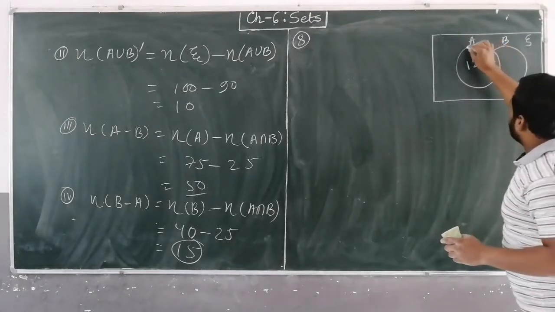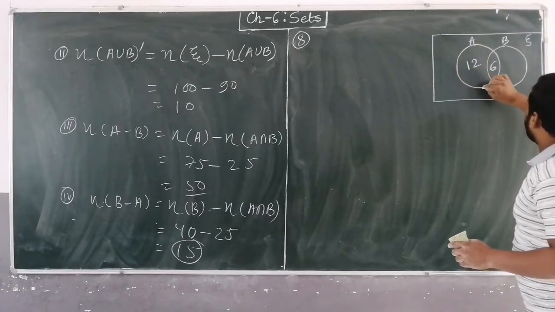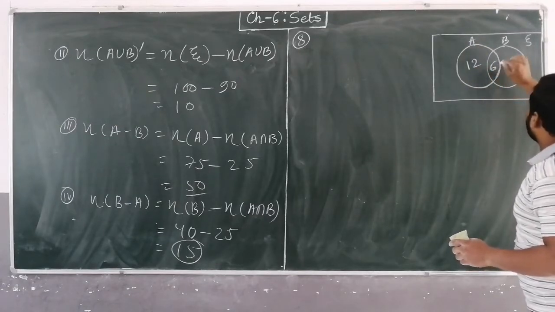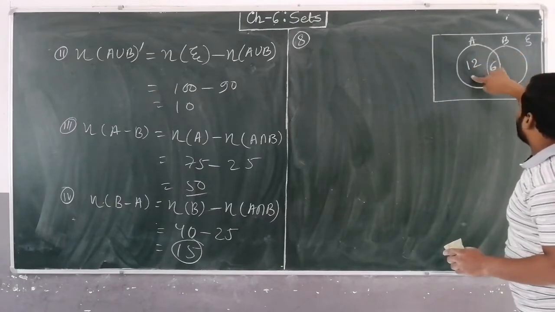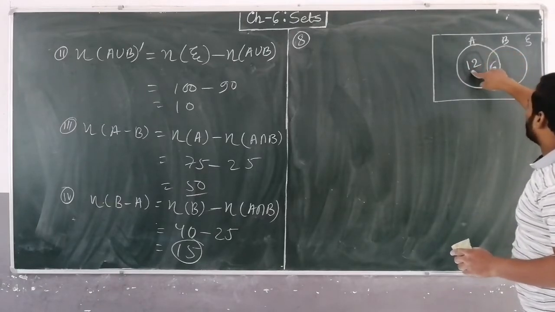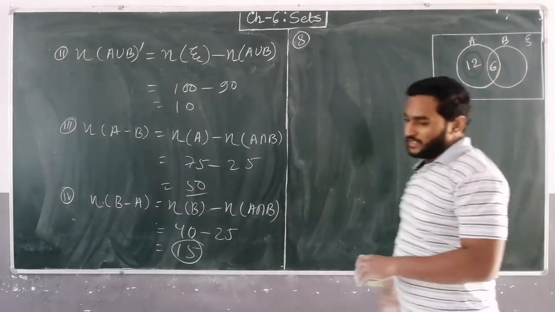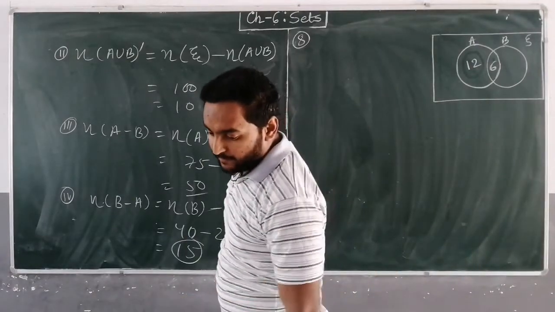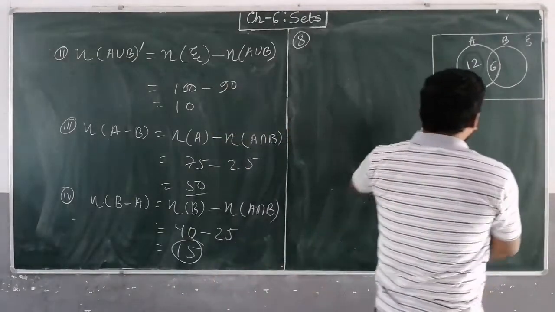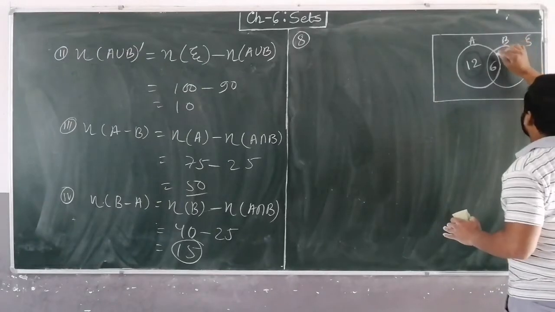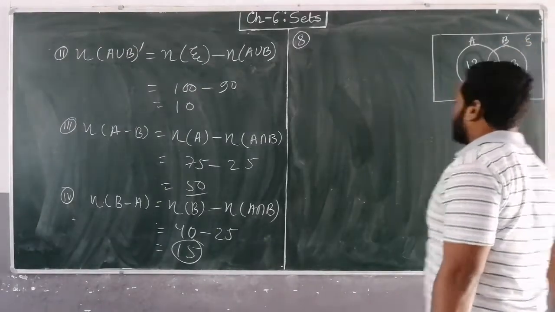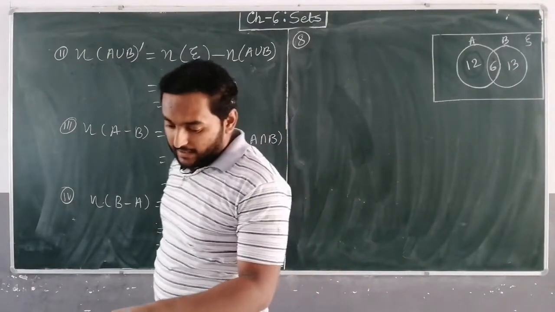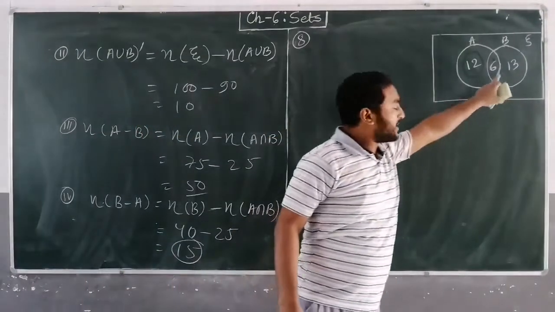Inside A there are 18 elements; in the intersection part there are 6 elements, so only in A there will be 12. Total, there will be 18. And cardinality of B is given as 19. Inside the circle B, 6 is already there, so here it will be 13. 13 plus 6 is 19. Okay, n of A intersection B is written 6.